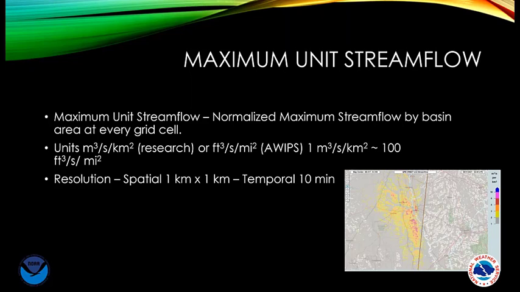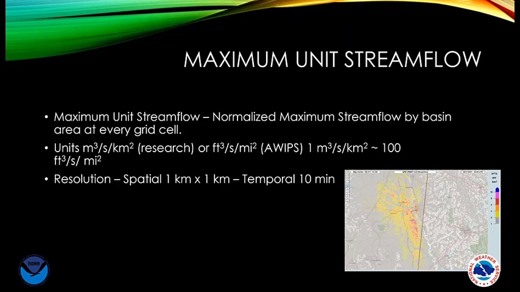Now let's talk about the maximum unit stream flow. It's a normalized maximum stream flow by basin area at every grid cell. And the resolution is exactly the same as before. The units here are meters cubed per second per kilometer squared for research, or cubic feet per second per mile squared, and in AWIPS, we will see them in the imperial units.